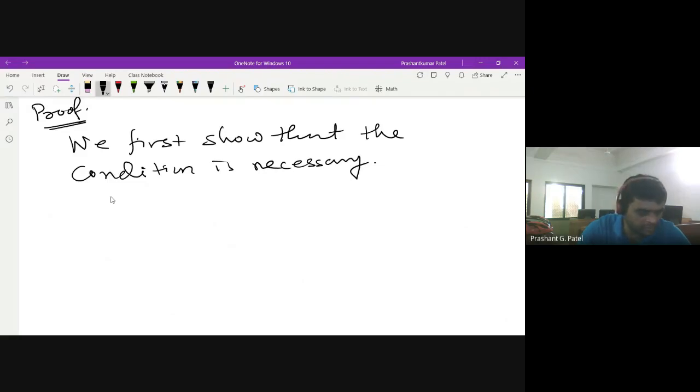That means we have to prove that if this equation is exact, then x bar dot curl of x bar is 0.